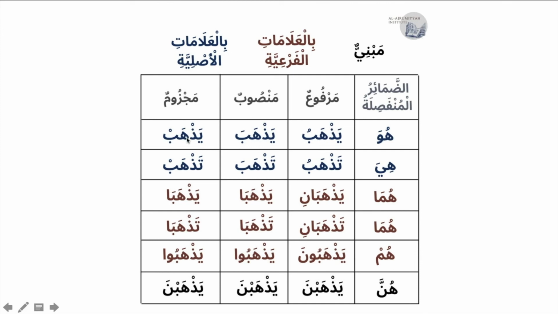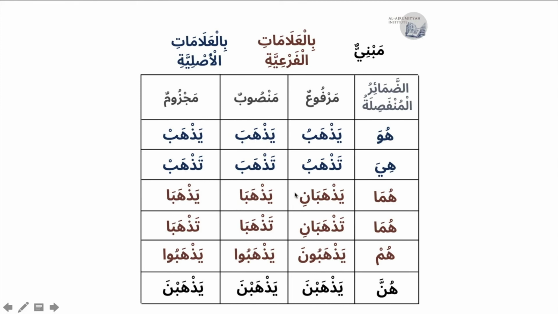Why is it like this? Because it's not part of أفعال الخمسة. هي, same thing: تذهب, تذهب, تذهب. But now we have the secondary العلامات الفرعية, the secondary signs that come to play, because we have هما and we have هم. هما masculine: يذهبان, يذهبا, يذهبا. So here يذهبا and يذهبا, instead of taking the fatha or the sukun, they take the حذف ثبوت النون.